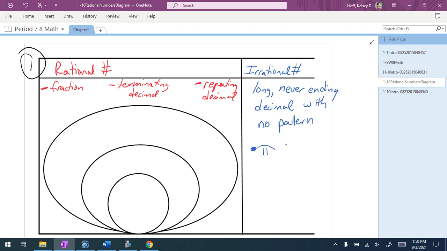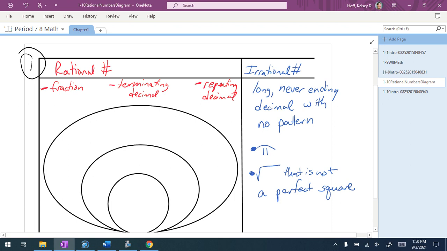The other common irrational number is a square root that is not a perfect square. A square root that is not a perfect square.